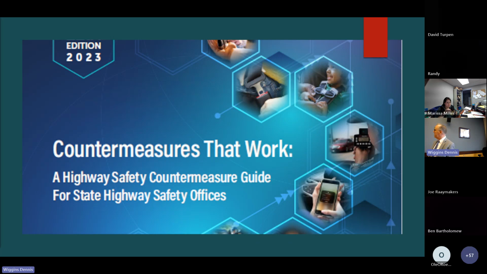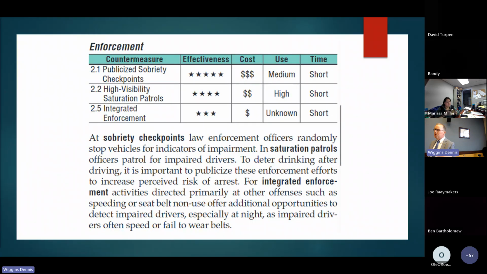I'll give a couple of little examples. This is through impaired driving, alcohol impaired driving. And so one of the effective countermeasures for enforcement, and you can see how it highlights the effectiveness of a certain countermeasure, the cost, the use, how much do we use it, and the timeline it takes to implement these.